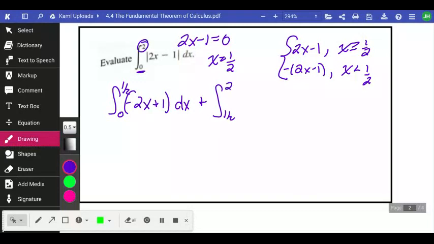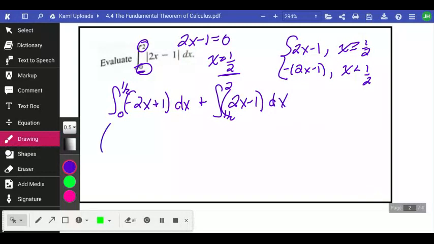Again, I'm getting those values from where we split it. You have to write it with dx. When you integrate, you're integrating a differential, so you have to have that dx on there. All right, we can do that pretty easily though.